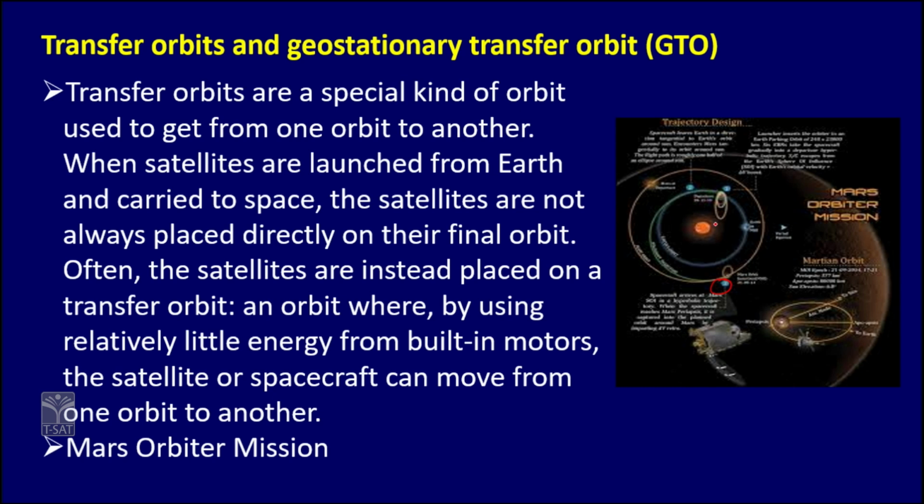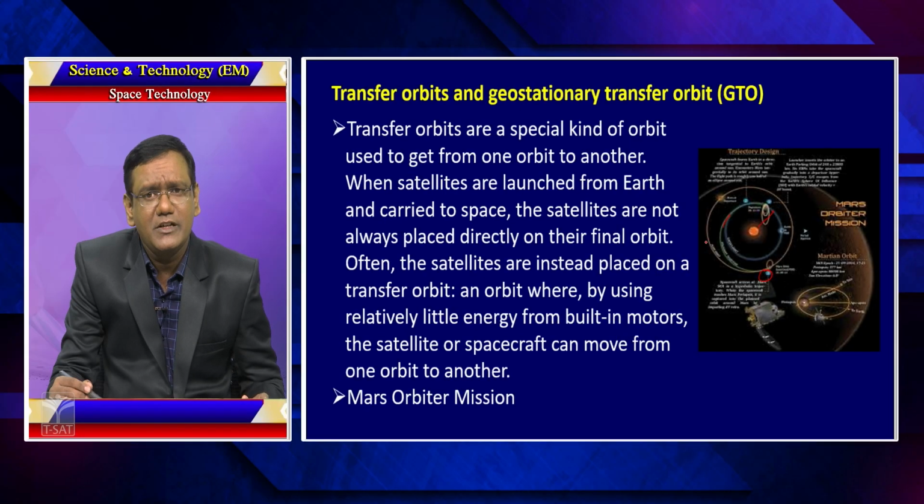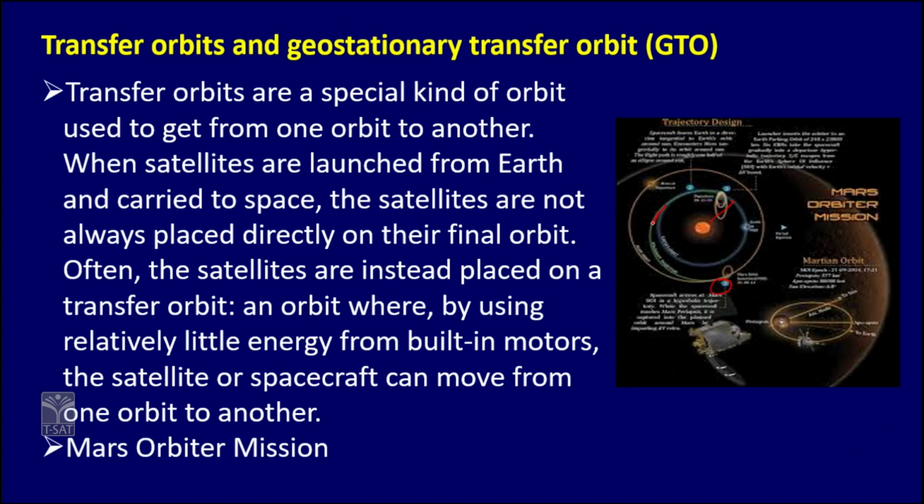Initially we will take this satellite up to this position first, and then it revolves around, and when it comes to this position, we will change the velocity of the satellite and increase the speed. Once we increase the speed, what happens? It actually goes to a different orbit.